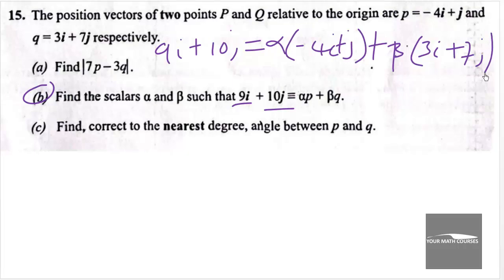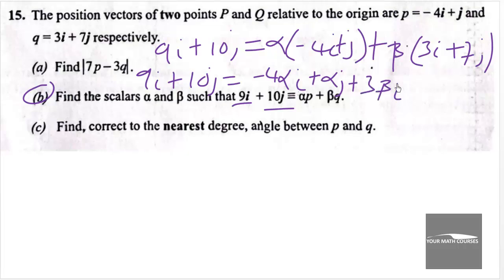What do we do next? Let's expand. So we have 9i plus 10j equal negative 4 alpha i plus alpha j, then plus 3 beta i plus 7 beta j.